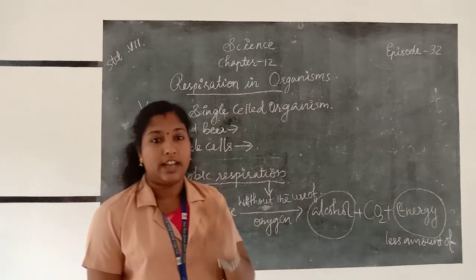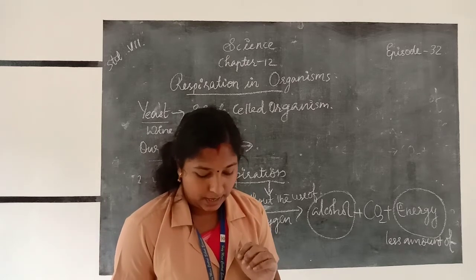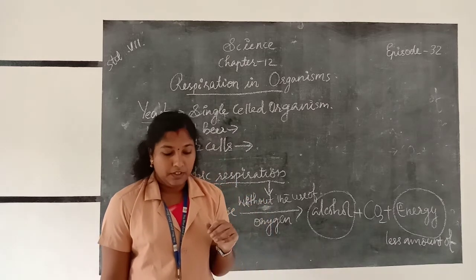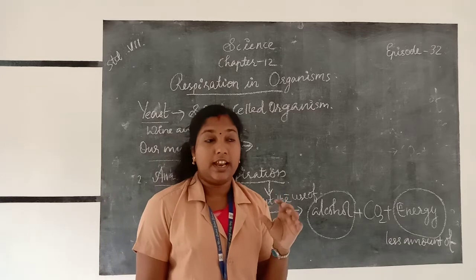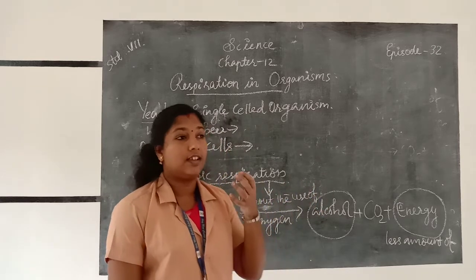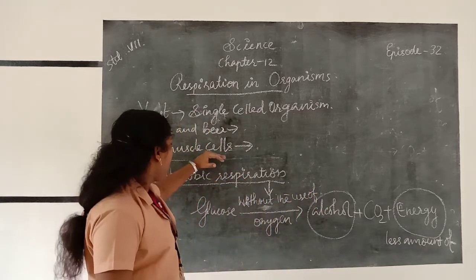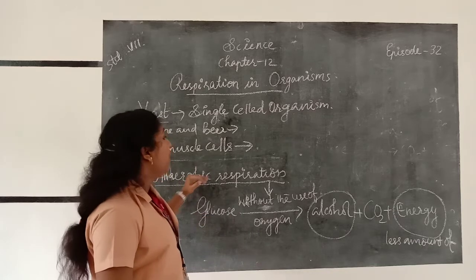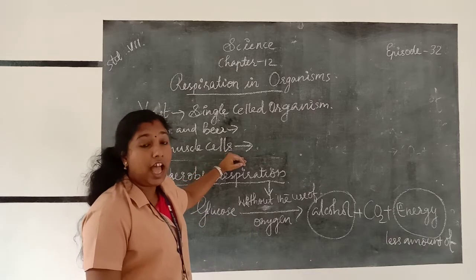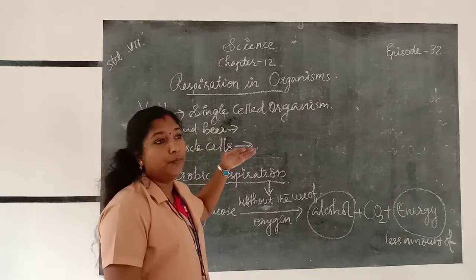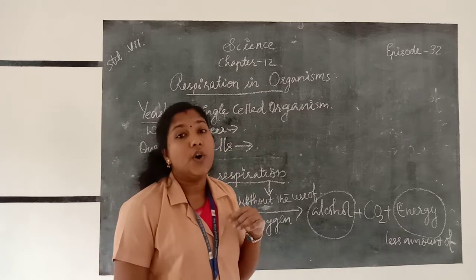In a short time. Okay, short time. Then there is a temporary deficiency of oxygen. Our muscle cells respire anaerobically during a short time with the absence of oxygen, or with the temporary deficiency of oxygen.